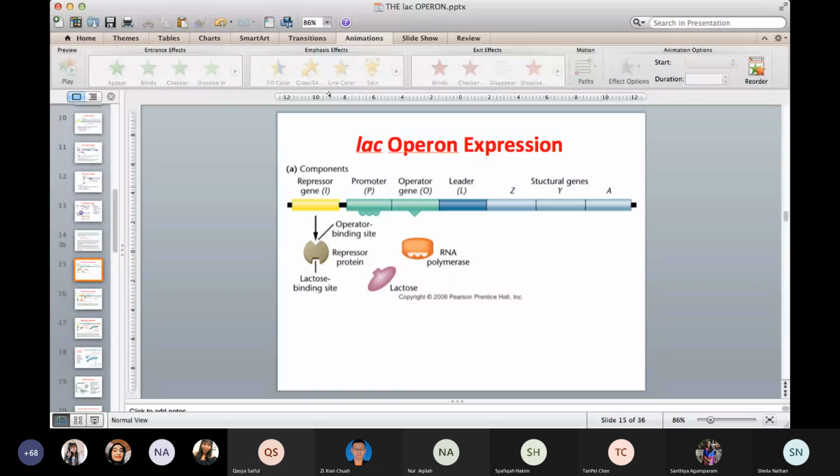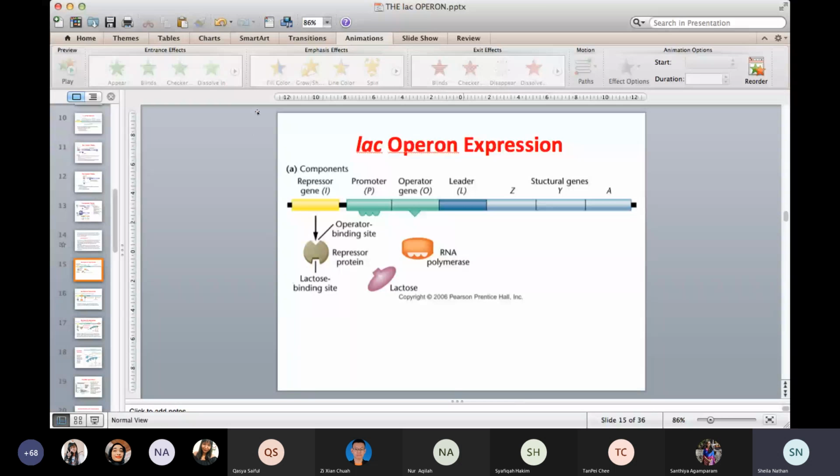So how can it survive? The way to survive is to switch on the Lac Operon, and then produce the 3 enzymes to hydrolyze lactose into galactose and glucose.